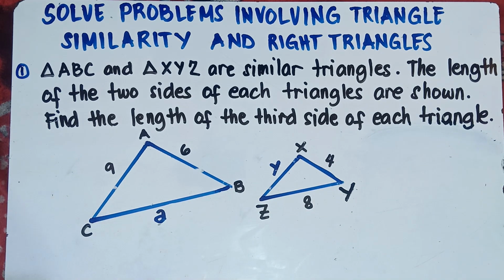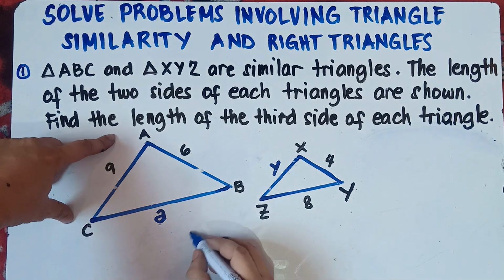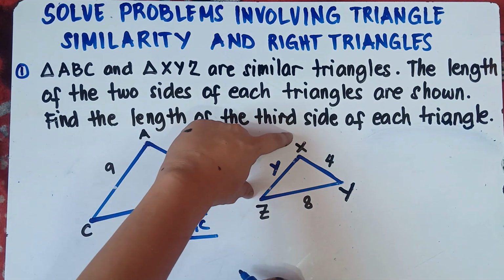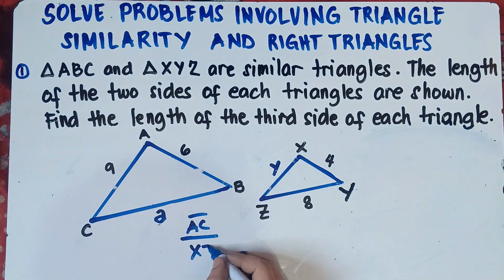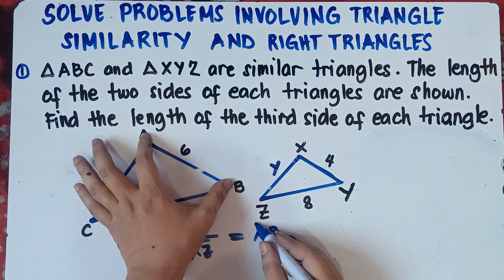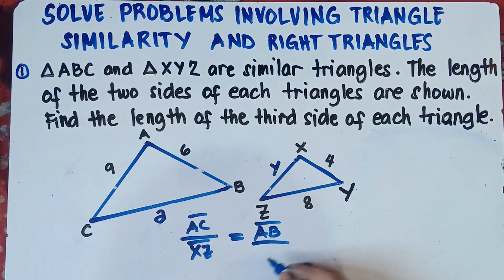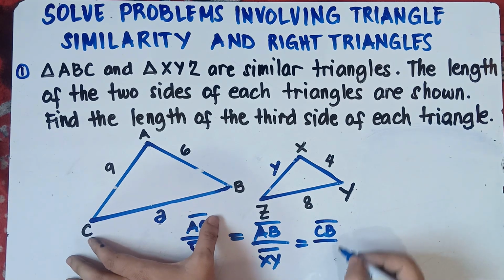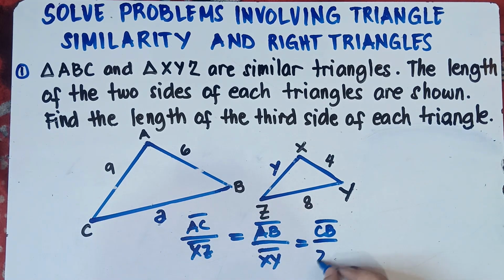So we can create a proportion: line segment AC over line segment XZ is equal to line segment AB over line segment XY is equal to line segment CB over line segment ZY.